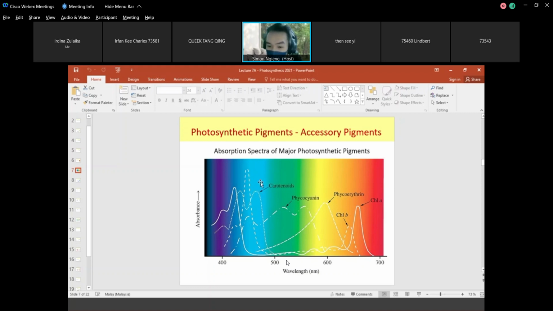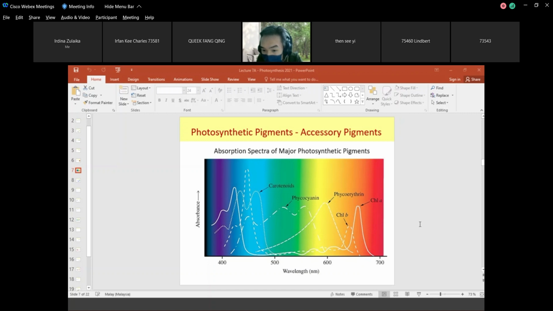So imagine if a tree contains both chlorophyll and carotenoids, the plant cell can utilize both the blue light and the red or yellow photon for photosynthesis. Which is why the more variety of pigment that the plant has, the larger the range of photon that the plant can use for the photosynthesis process.